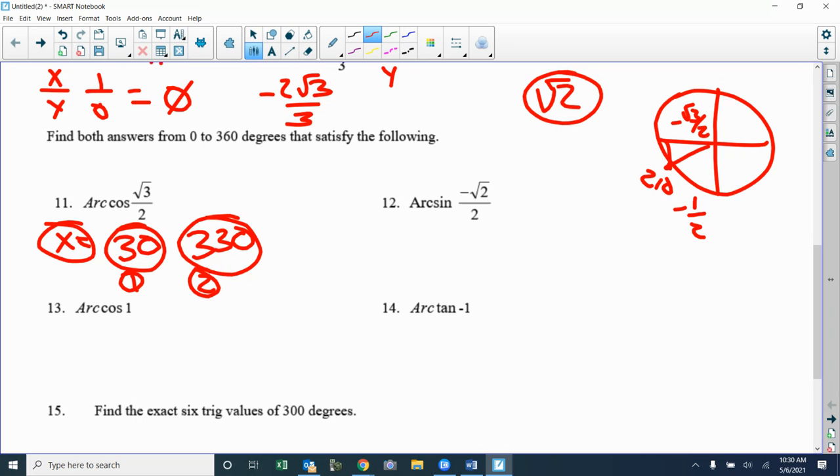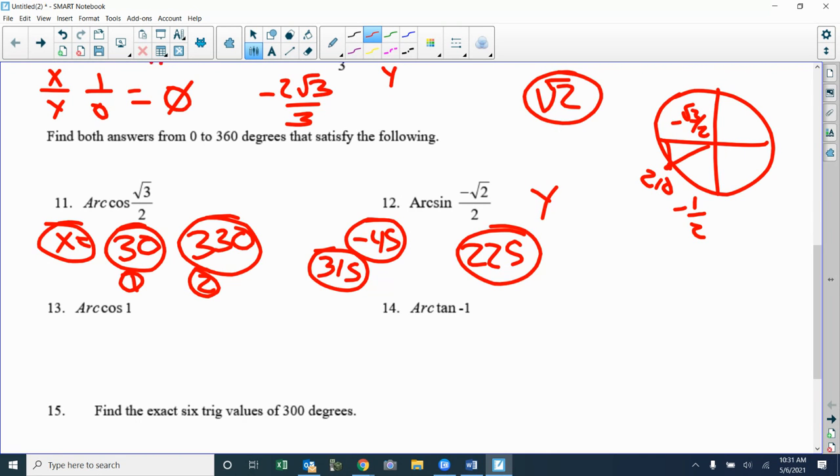Arc sine, so this will give you negative 45, which is also the same as 315. Folks, that's the same angle, so you gotta find the second one. In this case, it is 225, where the y value is negative. Cos of 1, that's your x value. Your x value is 1 at 0 degrees.